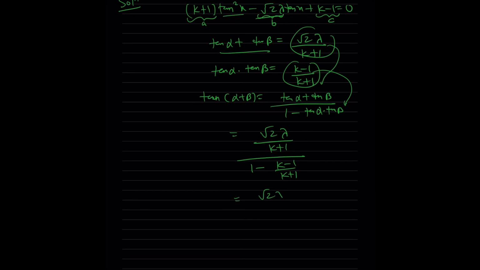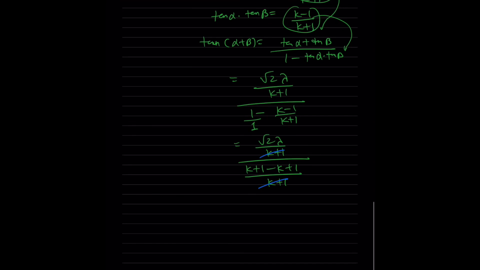I can take the denominator as k plus 1 over here, then I'll get k plus 1 minus k plus 1, upon k plus 1. So I can cancel the denominator, and this term will simply become root 2 lambda upon 2, or this can be written as lambda upon root 2.